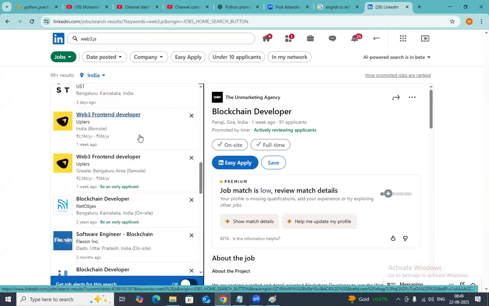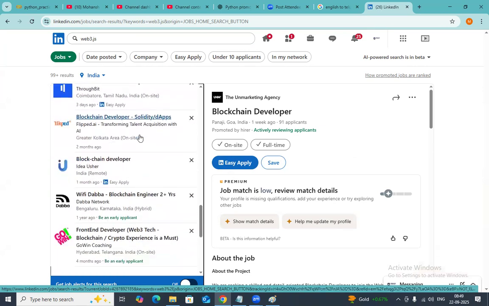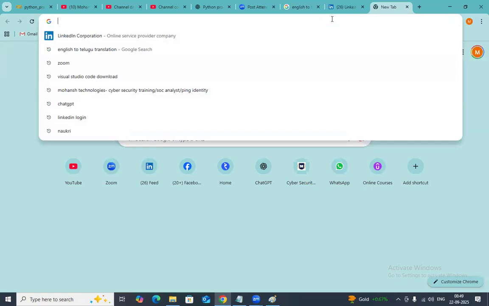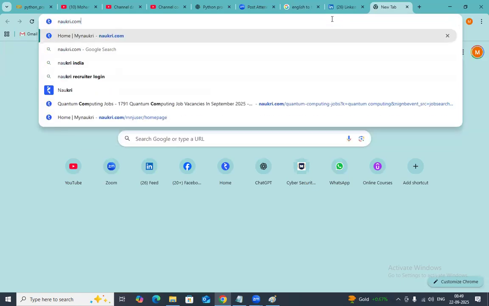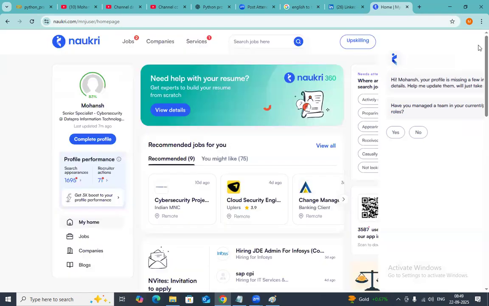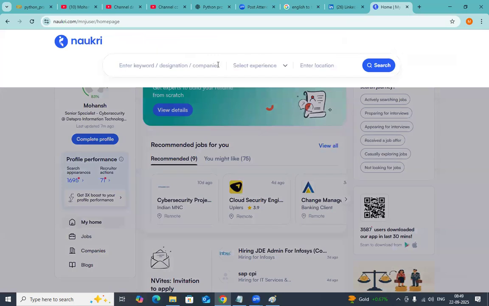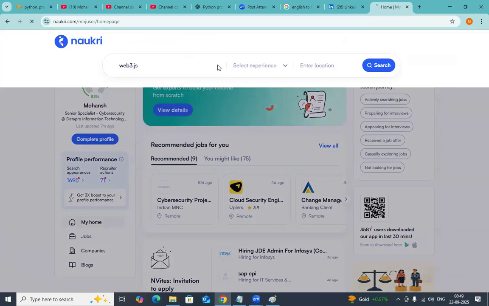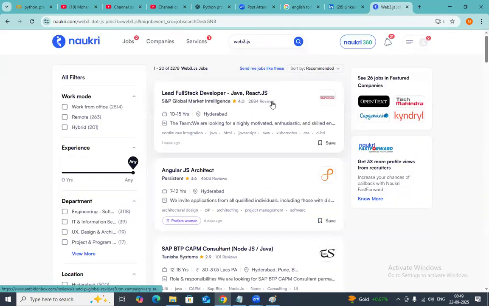So many job openings. Not only LinkedIn, you can search in Naukri also. In Naukri also you will find a huge number of job openings for Web3.js.